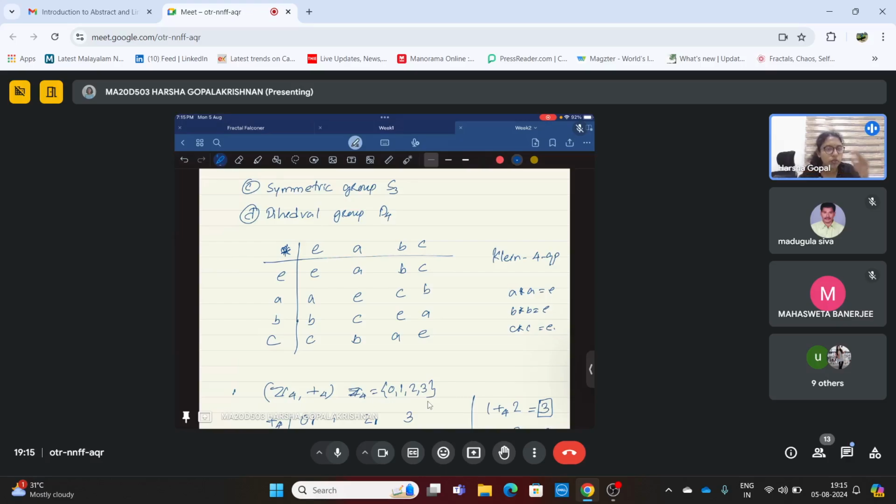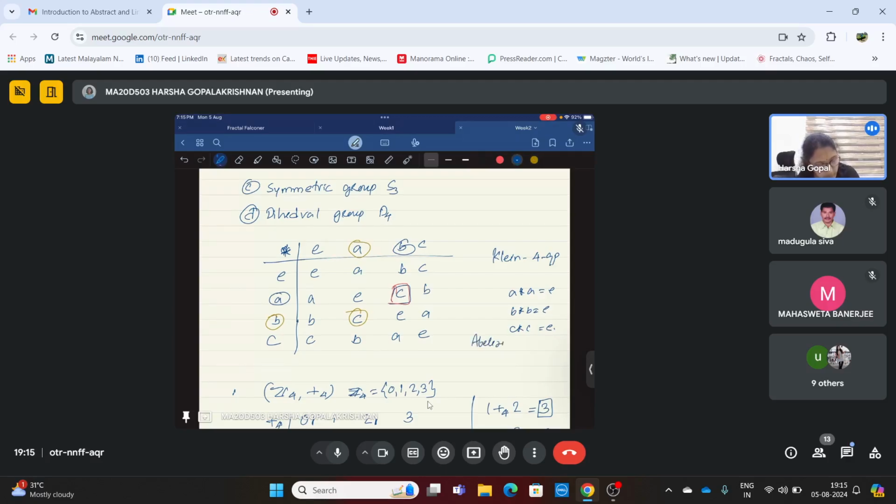If I change rows and columns, it will become the same. So from this, see, A star B is C, and B star A is also C. In the same way you can check all the commutativity, and you can see it is an abelian group.